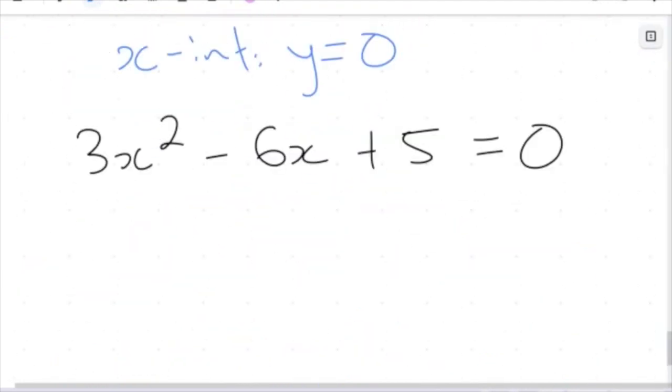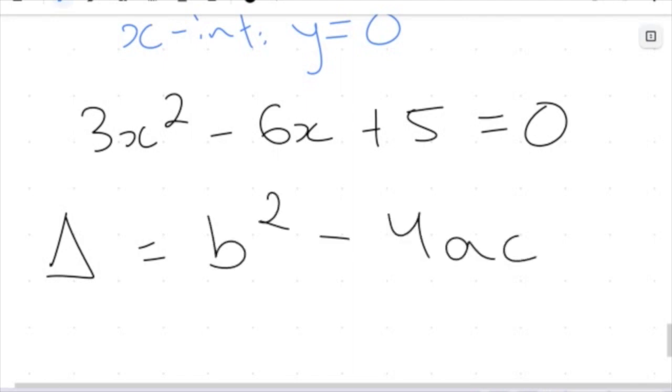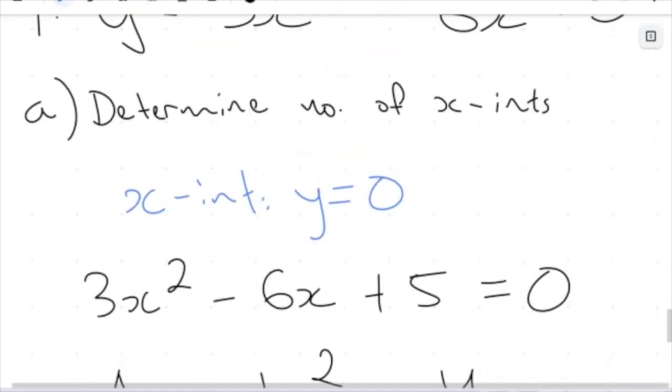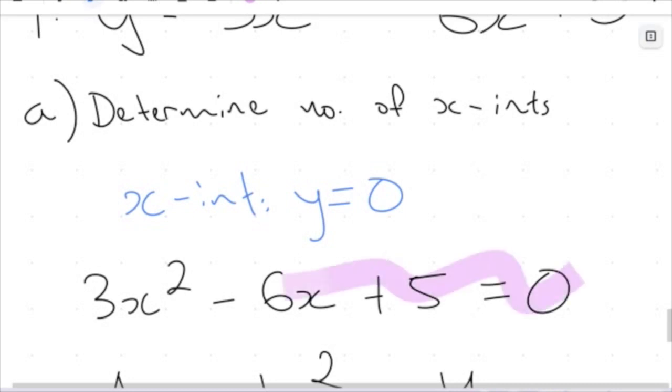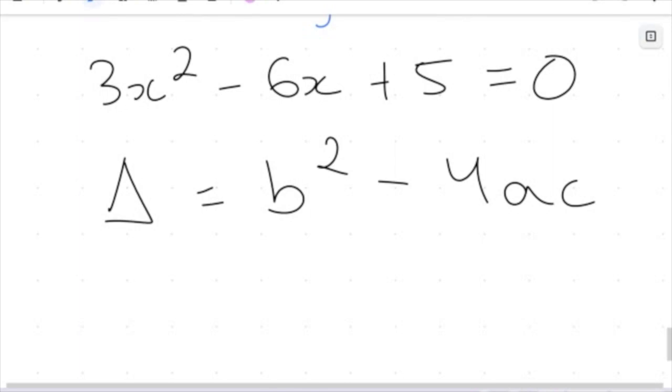We defined the discriminant a while back as b squared minus 4ac, and different values of this discriminant produce different numbers of solutions to the quadratic formula, or number of x-intercepts if we look at this in terms of parabolas. What we're going to do here is substitute our a, b, and c into the formula for the discriminant, and this will immediately tell me how many x-intercepts I'm expecting to have.